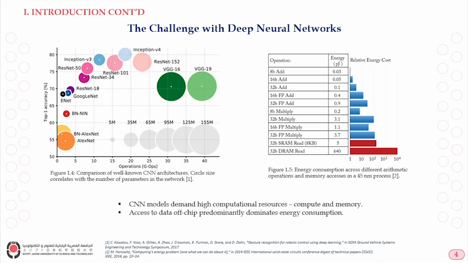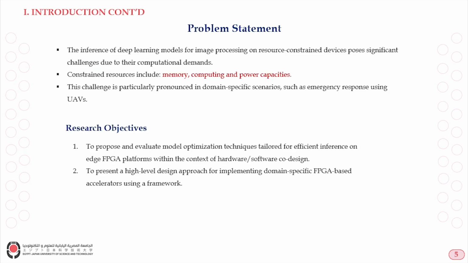So we have formulated our problem as follows. We acknowledge that deep learning models are indeed very crucial for this kind of application. However, in applications where we have resource-constrained devices, with low memory and lower computing and power capacities, this is a challenge.